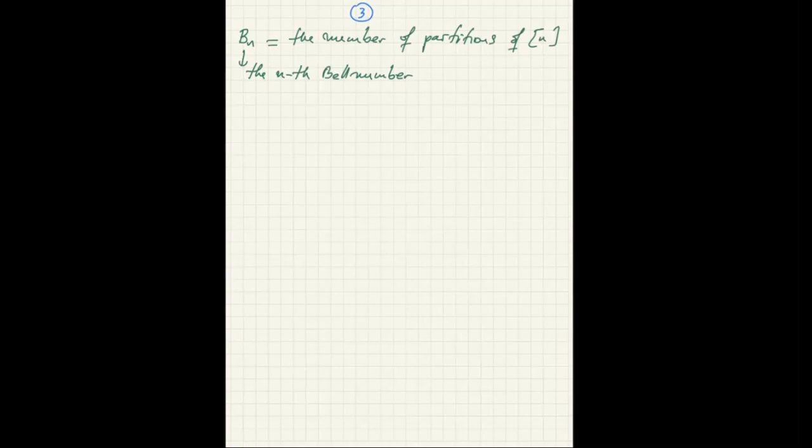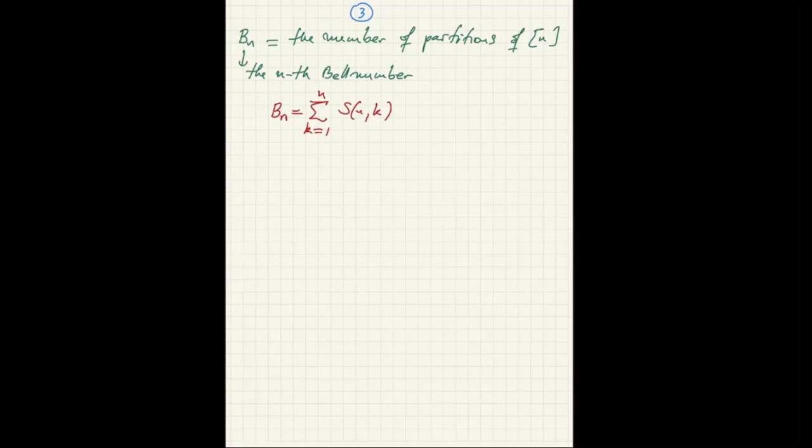Now remember that S(n,k) was the number of partitions of the set n into k parts. So one can get immediately the result that Bn is the sum from k equals 1 to n of S(n,k). That's an immediate consequence of the definition.